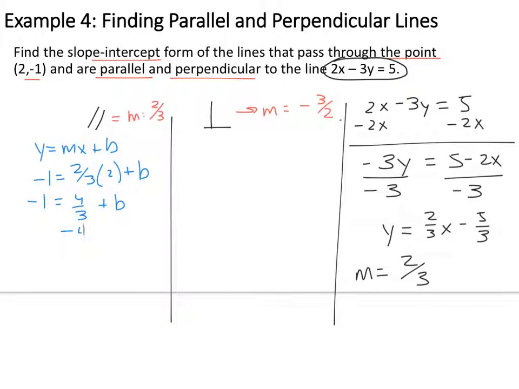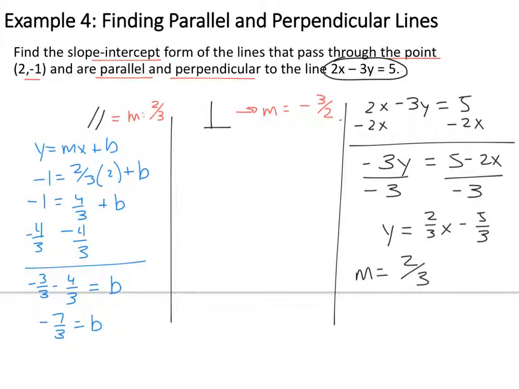So I'll subtract 4/3 from both sides because I'm trying to solve for b. And so over here, I end up with -1 minus 4/3. So -3/3 minus 4/3, because I converted the -1 into thirds, equals b. So this is -7/3 is b.